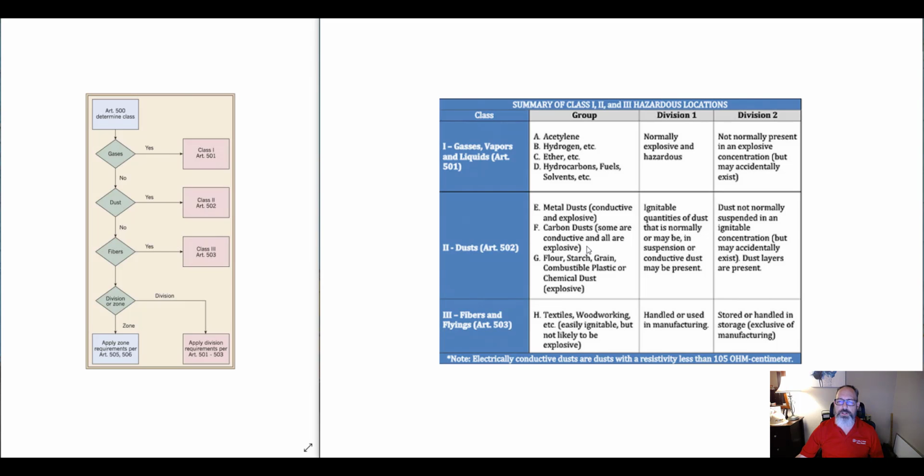I'm sorry, some are conductive and all are explosive. I said that backwards. And then flour, starch, grain, combustible plastics, or chemical dusts. Those are all dusts that could ignite. And then Class 3 is fibers and flyings and textile, woodworking, easily ignitable but not likely to be explosive.